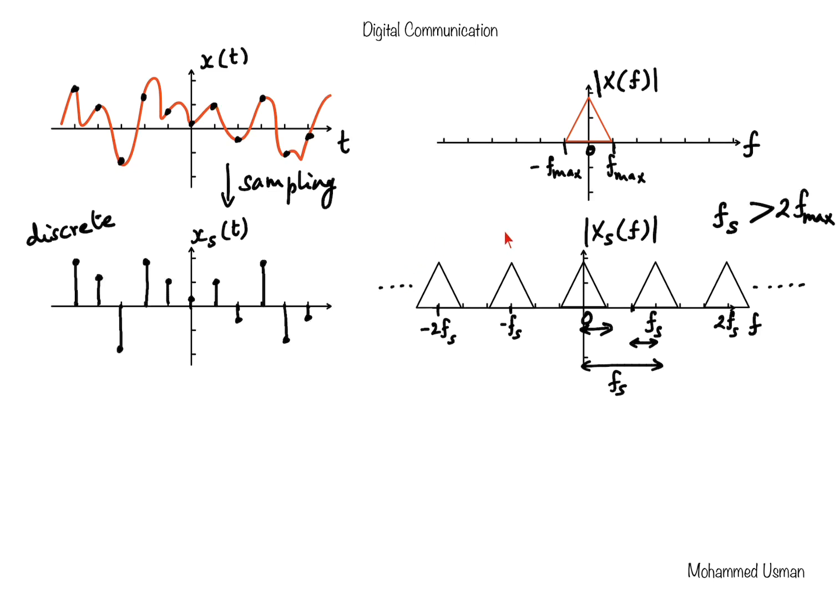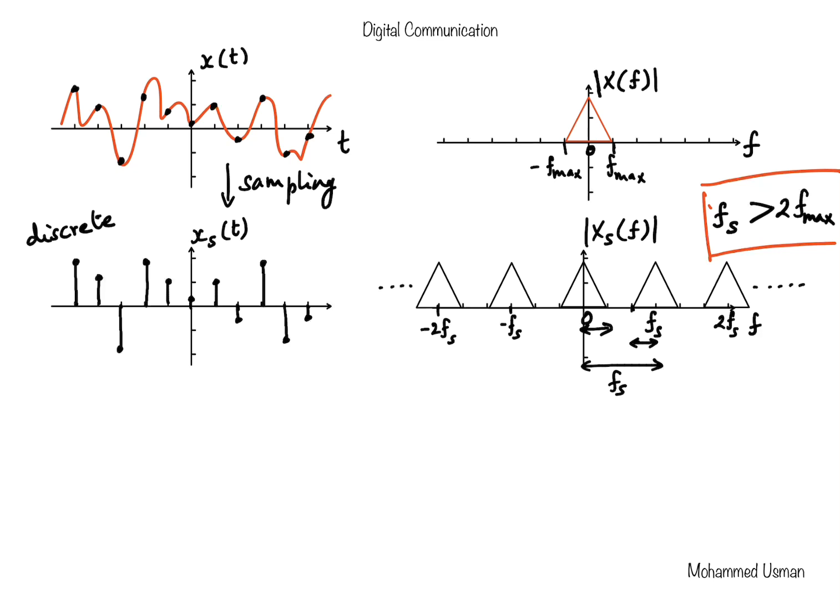So the spectrum shown in this diagram corresponds to a sample signal where the sampling has been done at a rate greater than the Nyquist rate. So fs is greater than 2f max. So that's the spectrum for the sample signal where fs is greater than 2f max. Let me highlight this. How do we know that?